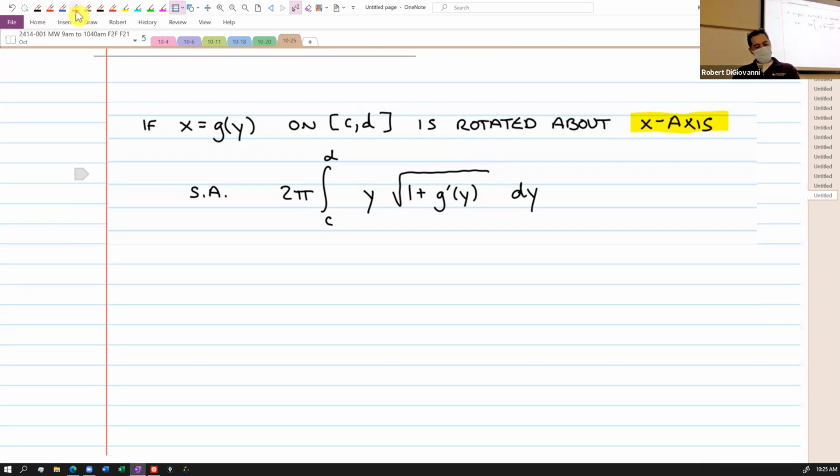So here's the example we'll do. Let's let x equal, now I'm going to make this problem up, so we are not going to be able to do the whole integral. We'll at least be able to set it up though. So x equals, let's go with y cubed plus y squared, let's make it plus in between them. Now let's do this on the interval 0 to 1.